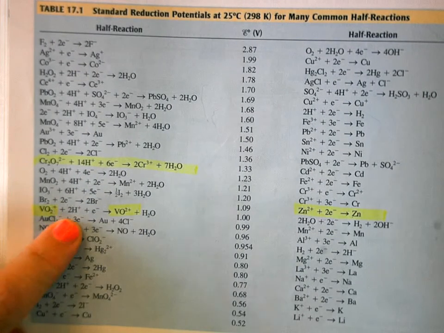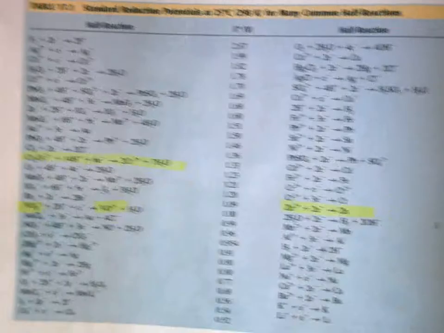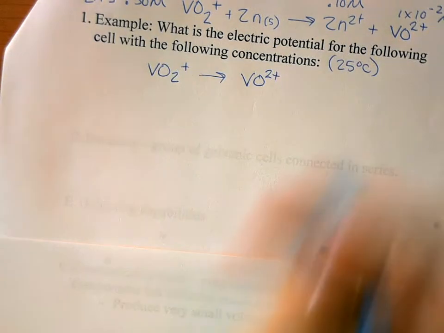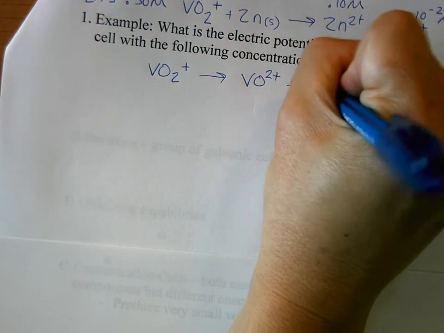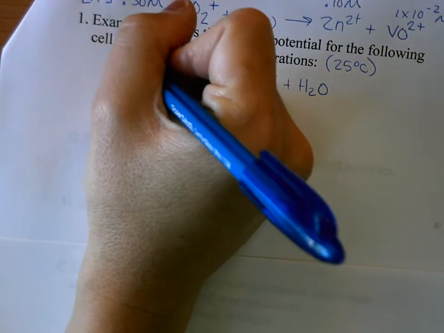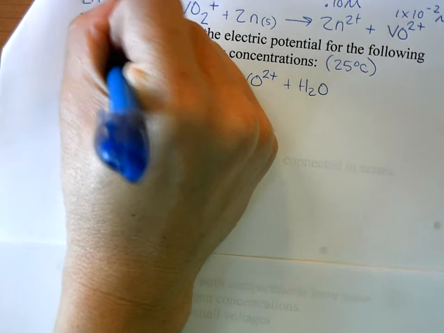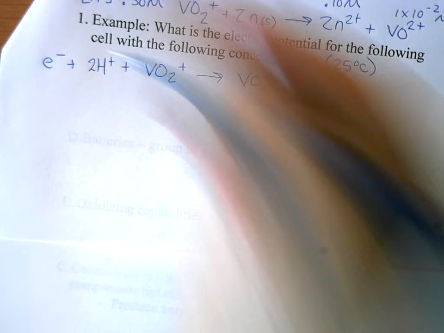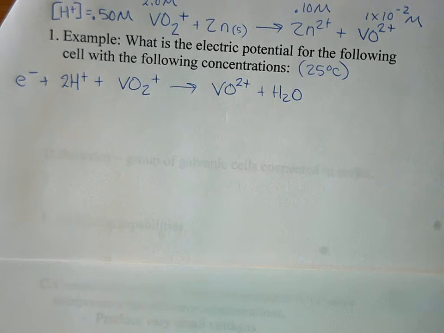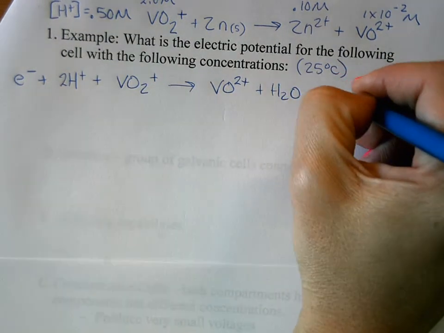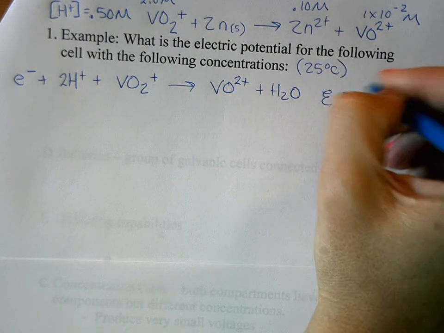I need to have 2 hydrogens and an electron on the left and then a water on the right. So I'll put my water here, and how many? 2 hydrogens, 1 electron. And the electric potential from the chart was 1.0.